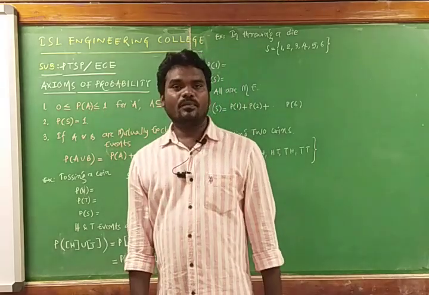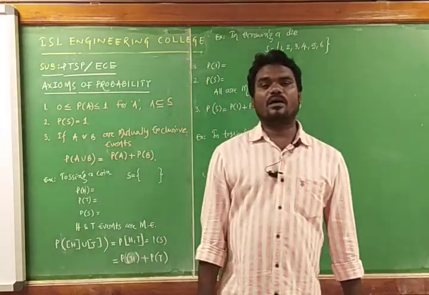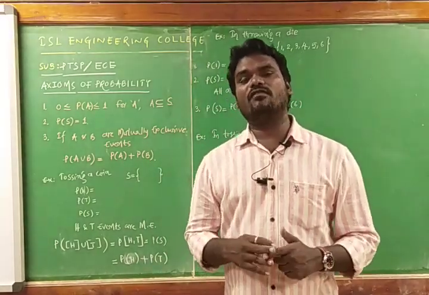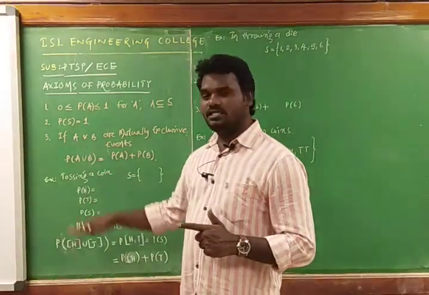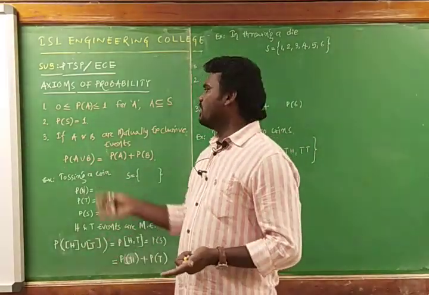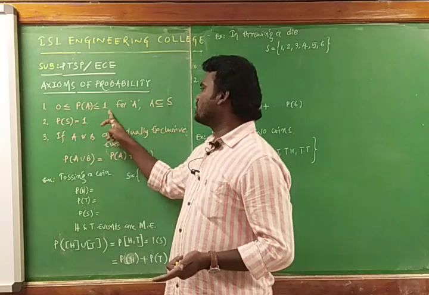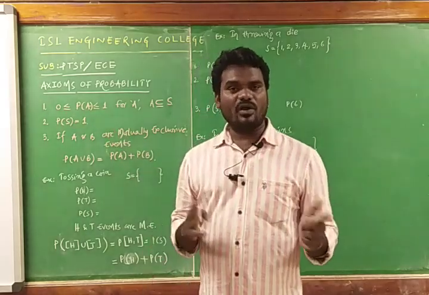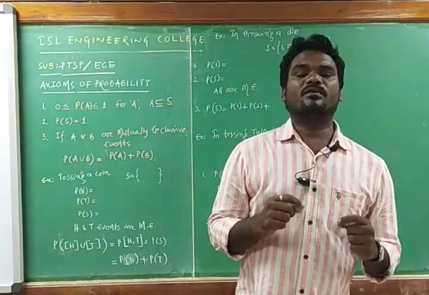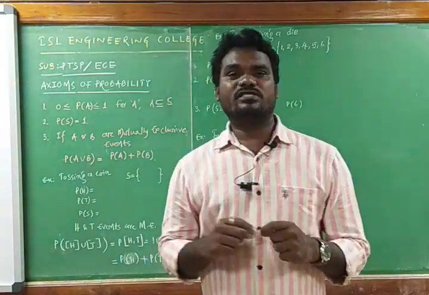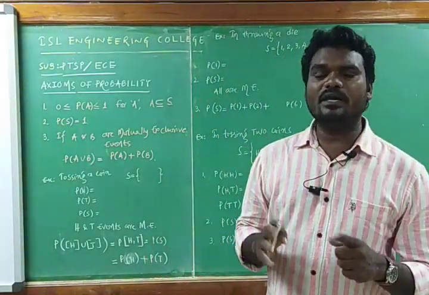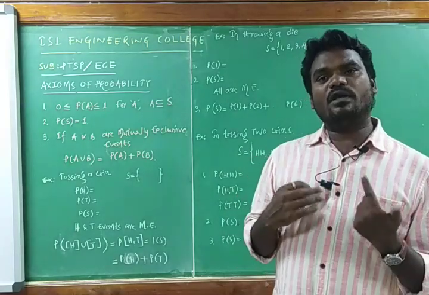Within 0 and 1 only must we get the probability of any event in the given sample space. It should not be a negative number, it should not be more than 1.